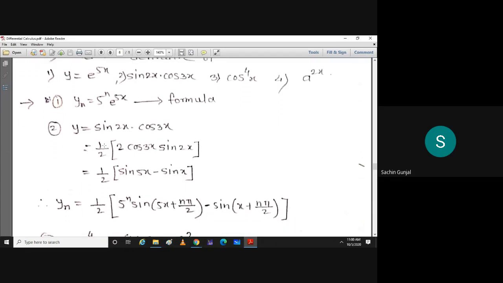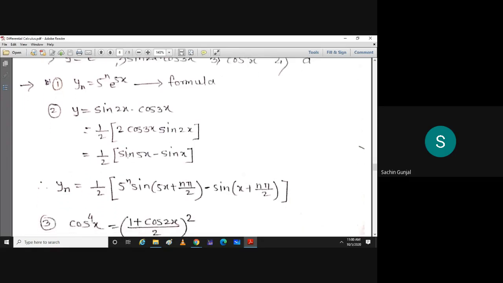So divide and multiply by 2. So 1 by 2 into 2 cos 3x sine 2x. So 2 cos A sin B or 2 sin A cos B, whichever formula you like, you can apply, which is sin A plus B minus sin A minus B. Okay.